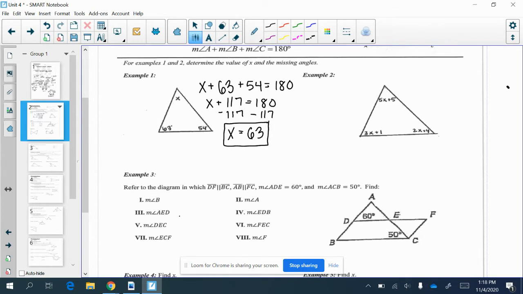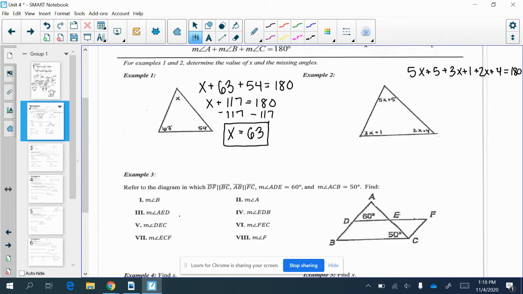All right, example 2 here, we have 3x plus 1, 5x plus 5, and 2x plus 4. So if I add all of those together, they will equal 180. So I can say that 5x plus 5 plus 3x plus 1 plus 2x plus 4 should equal 180 degrees.